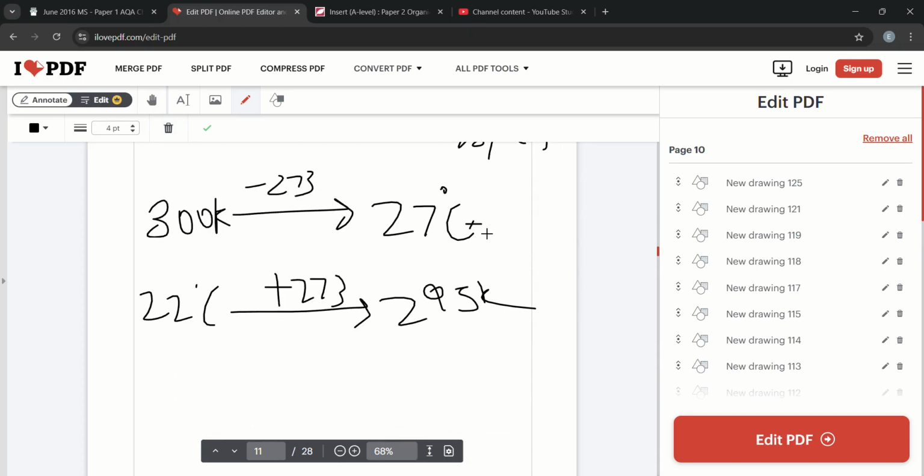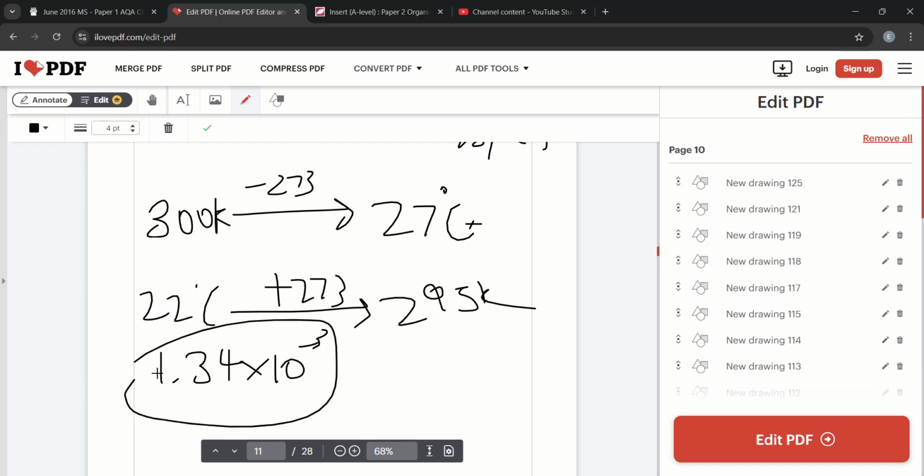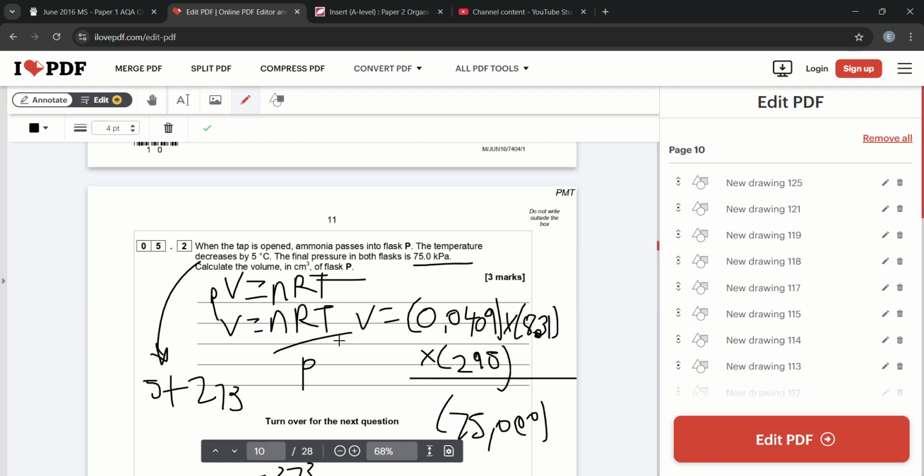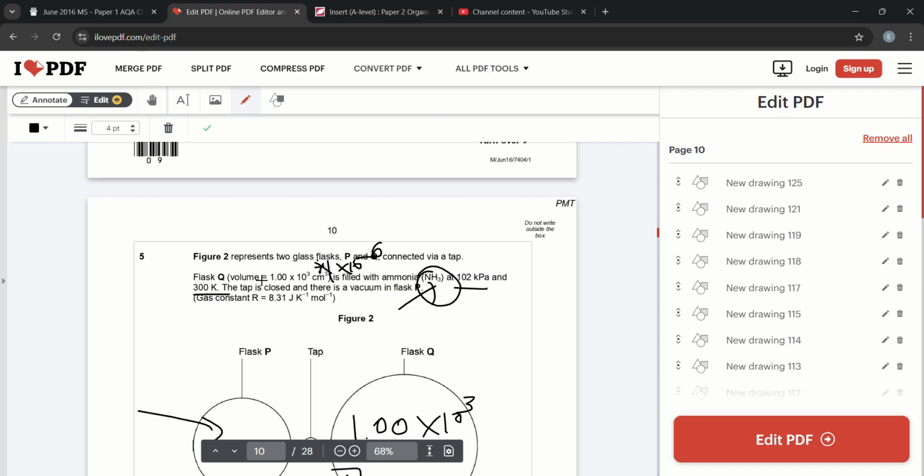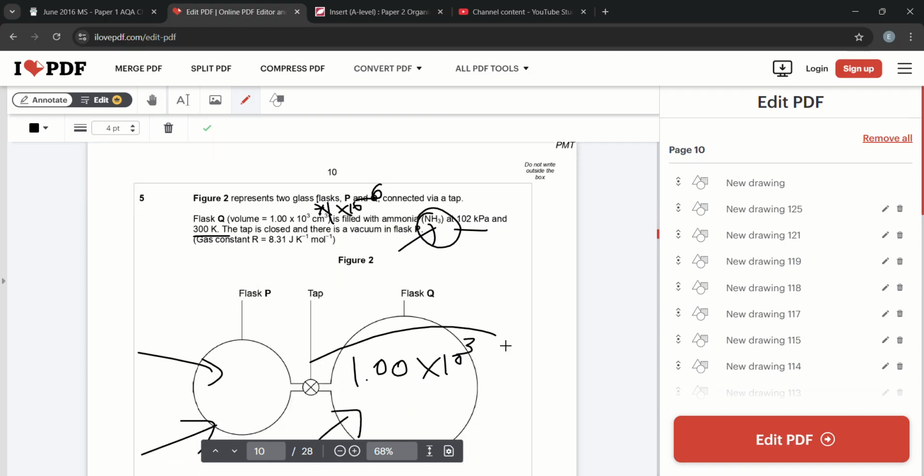Now I get 1.34 times 10 to the power minus 3. Now what is this value? This value is the total volume. And we know the volume of flask Q is this.